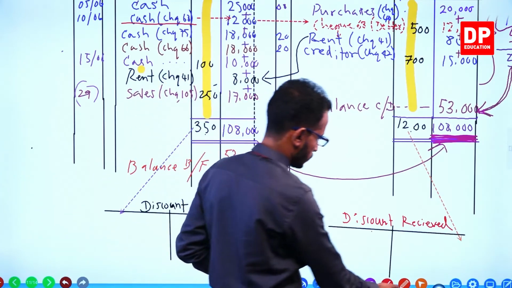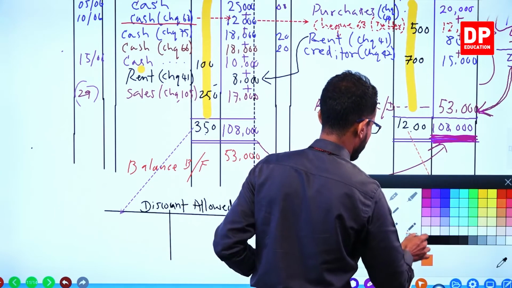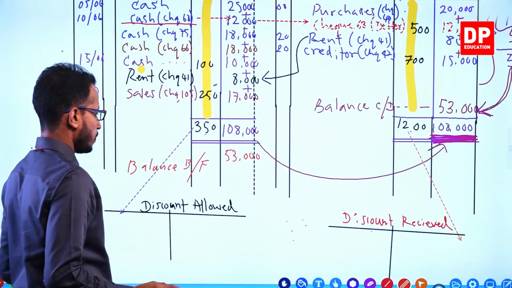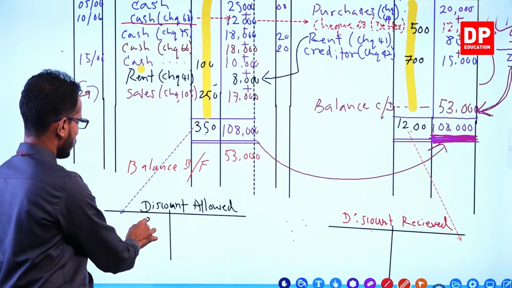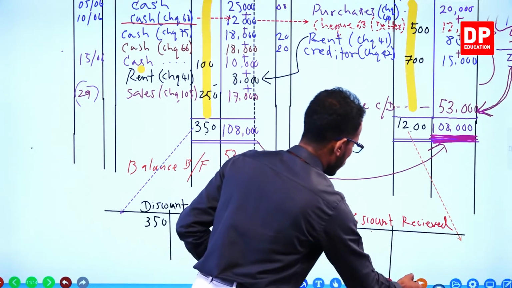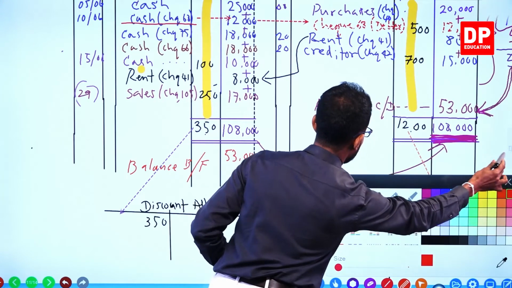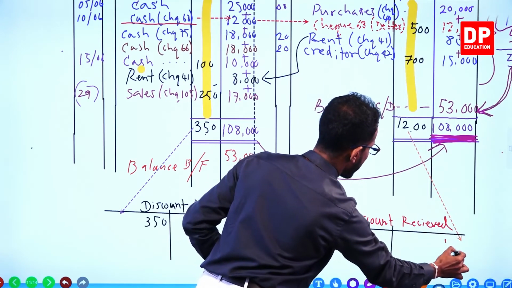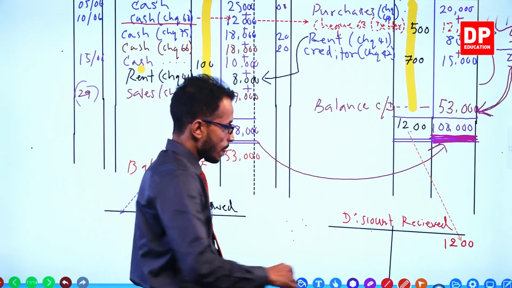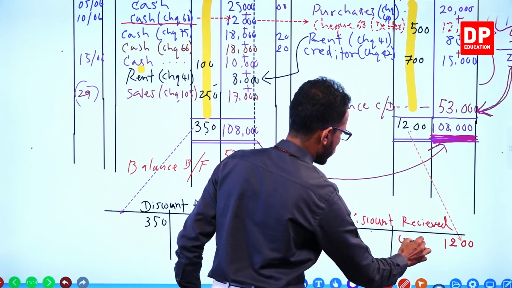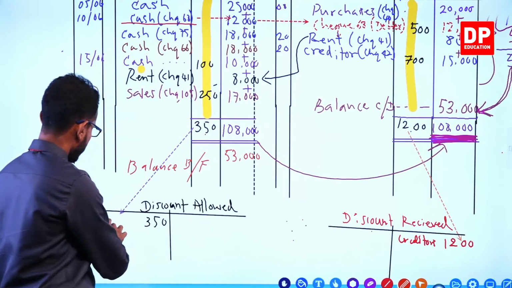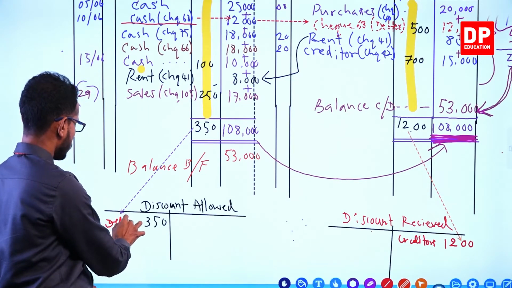That's it. 350 on the debit side of discounts allowed account. 1200 is on the credit side of discount received account. Here you can write creditors as the description. This side, the description is debtors.